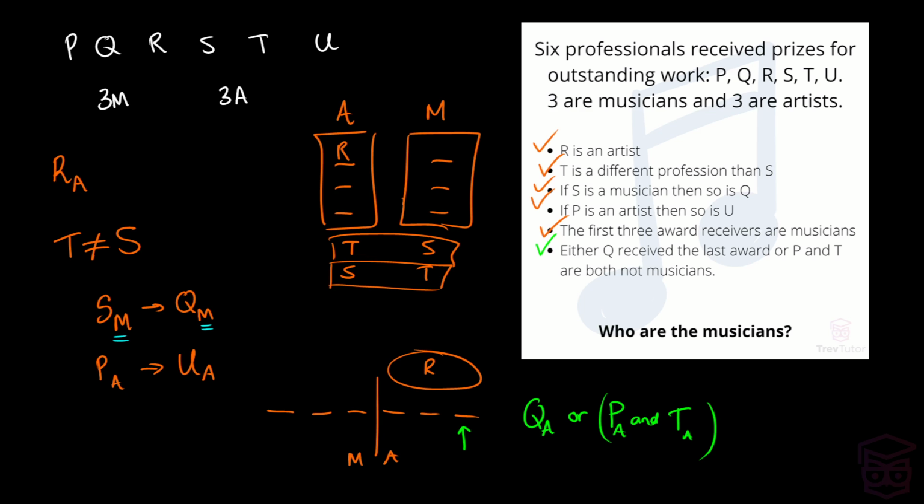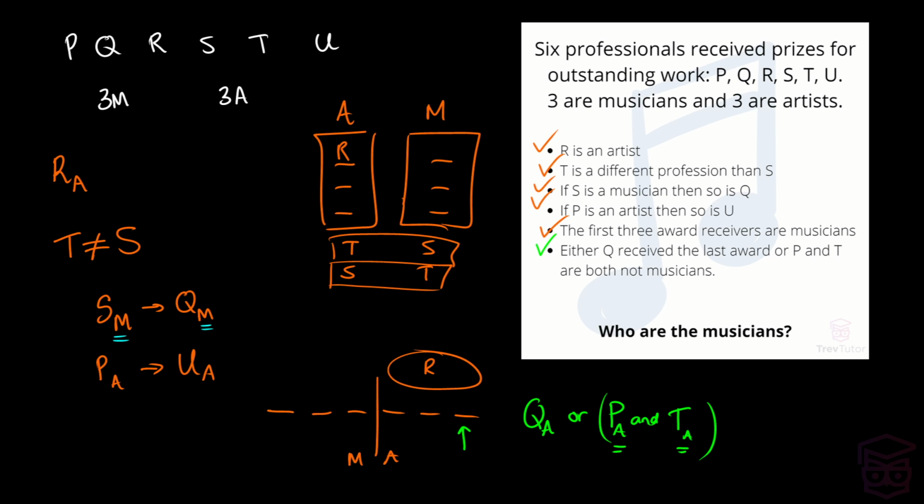Okay, well, let's think about this or statement because I think we're going to have the most use with this final statement about Q receiving the last award or P and T both not being musicians. So if P is an artist and T is an artist, let's entertain this first.